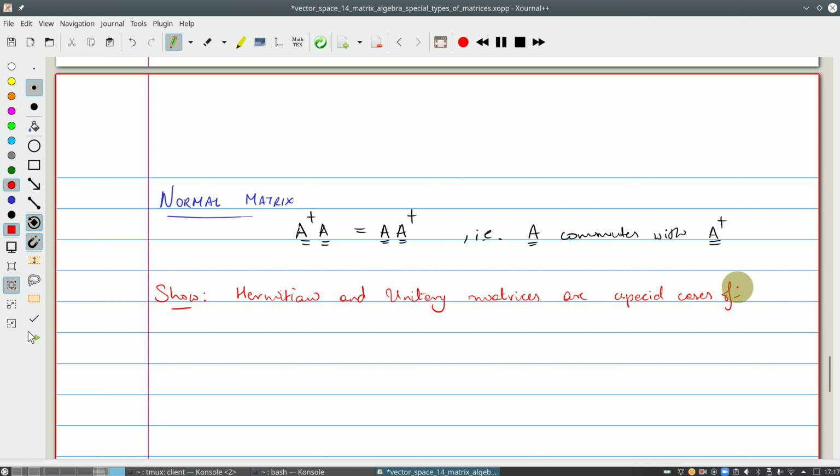I should add one more thing. Hermitian and anti-Hermitian matrices are special cases of normal matrices. Please show this.